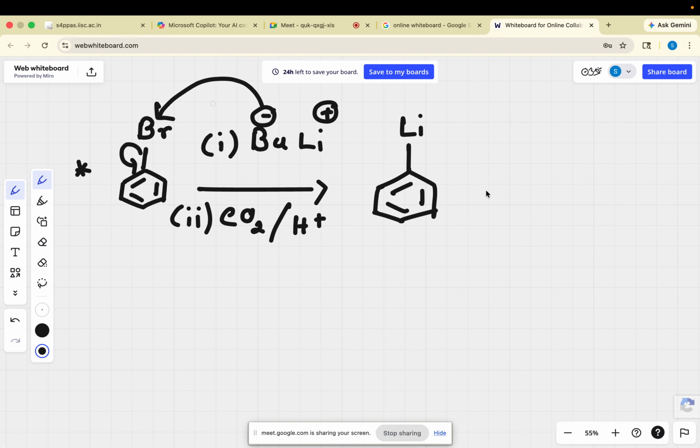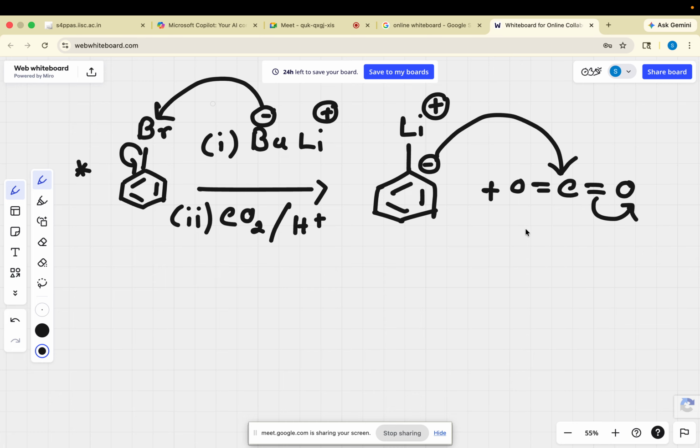Next step you have CO2. So CO2 means carbon double bond O, double bond O. This lithium is actually positive and this phenyl ring is actually negative. So this negative charge will attack on the carbonyl carbon. This bond will break.